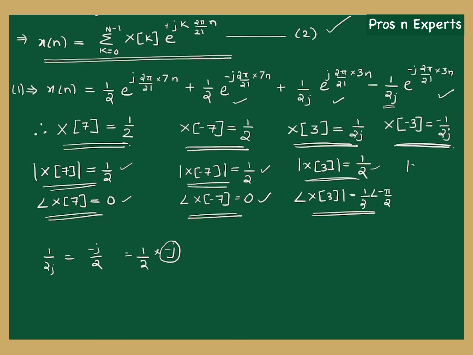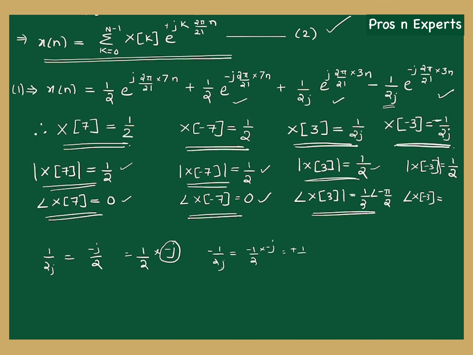And finally, what is mod x of minus 3? It is actually 1 by 2. Modulus is 1 by 2. You cannot take the negative here because we are considering magnitude response, mod x of minus 3. And likewise, what is angle of x of minus 3? You know, minus 1 by 2j is equal to minus 1 by 2 into 1 by j. The j going to the numerator becomes minus j.